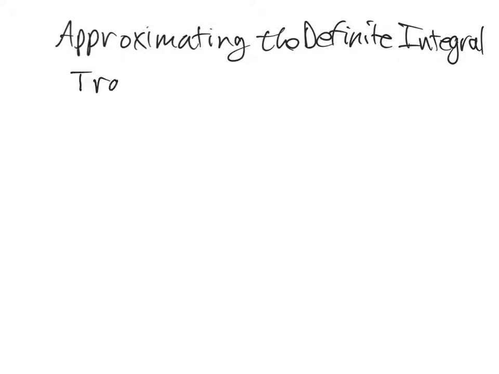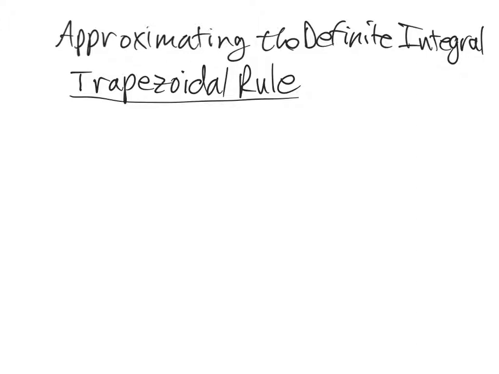The trapezoidal rule is much more accurate than the rectangles. For it, we use the idea of the area of a trapezoid: 1/2 times the height times the sum of the bases.